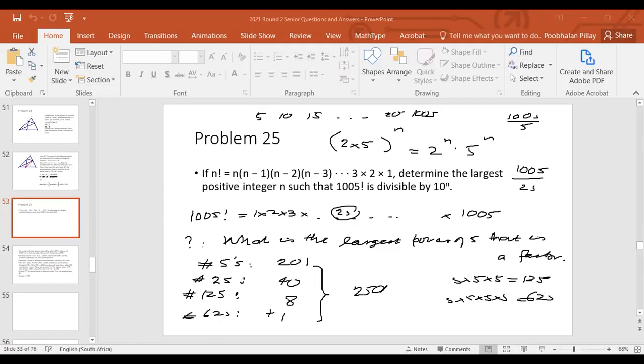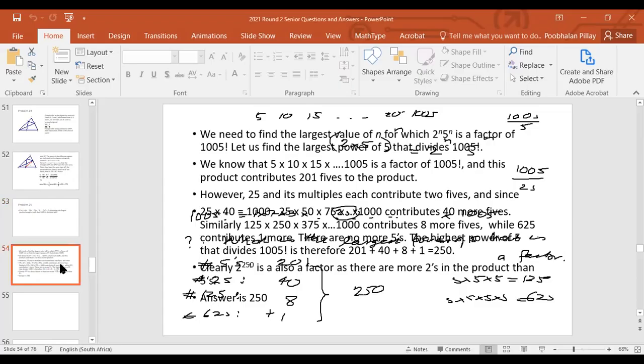I don't remember that answer for some reason. Okay, it looks as if the answer is 250. Yeah, 250, right. Okay, I didn't have to worry.